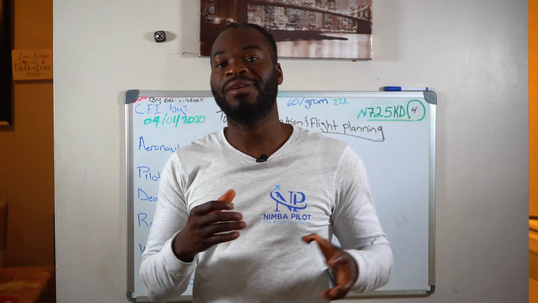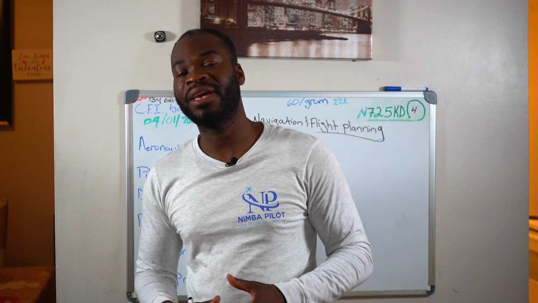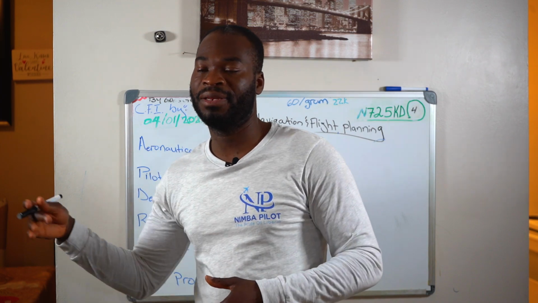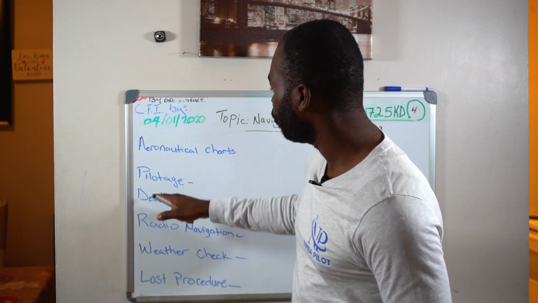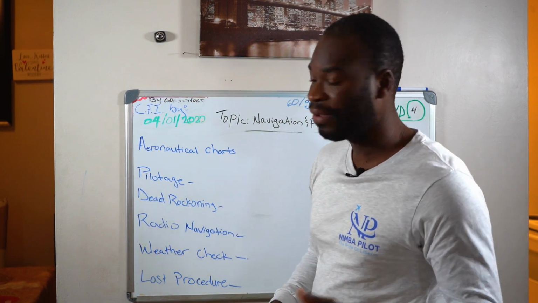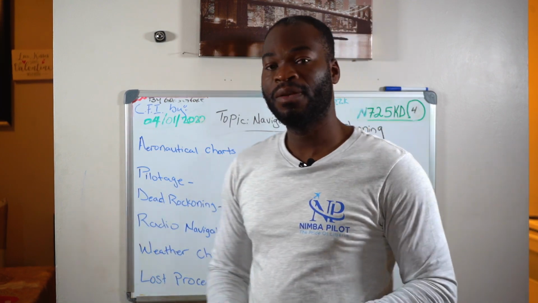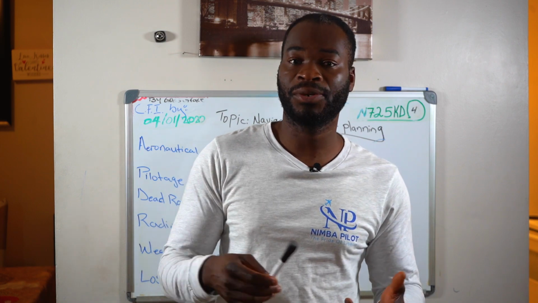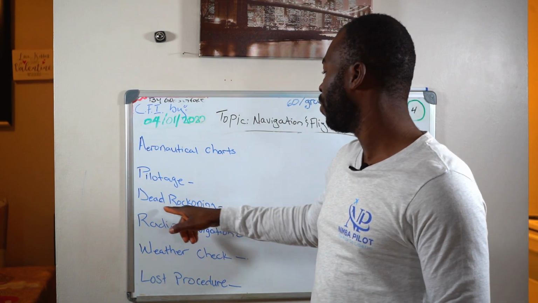Pilotage. Pilotage is when you are navigating by landmarks and checkpoints on your sectional charts. When you are navigating by landmarks and checkpoints, you are using the pilotage method to navigate. Dead reckoning, when you are using your flight log, where you compute your time, your distance, and your speed, you are using dead reckoning.